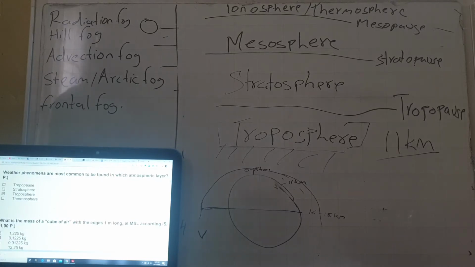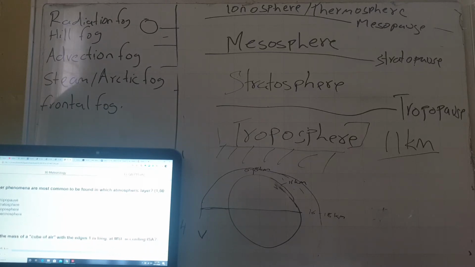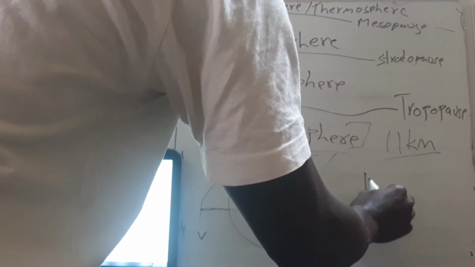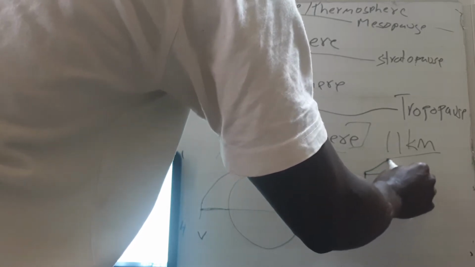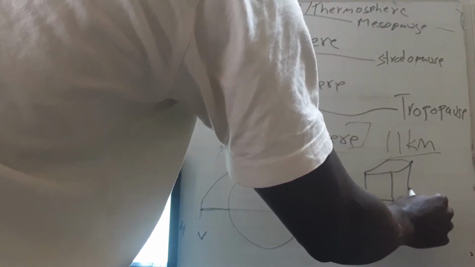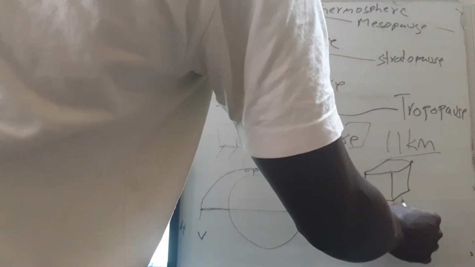Number 7 is asking what is the mass of a cube of air with edges of 1 meter long? A cube is like a box that has equal length, width, and height. So it's 1 meter, 1 meter, 1 meter.